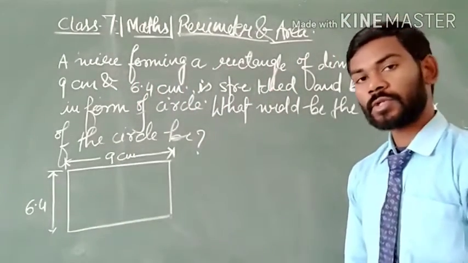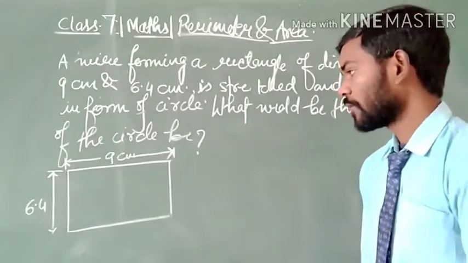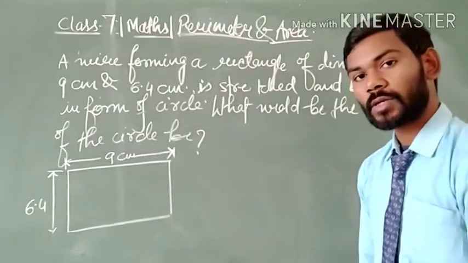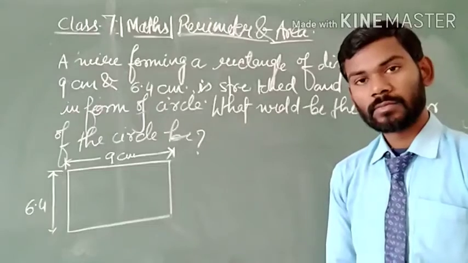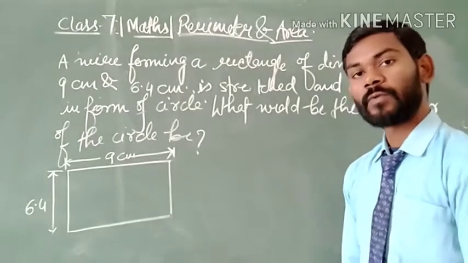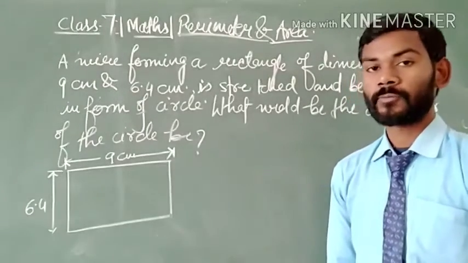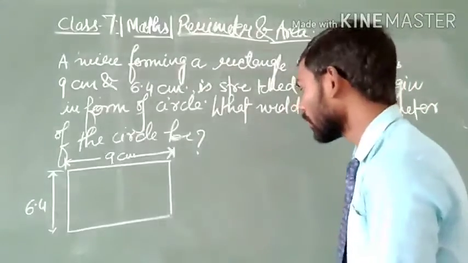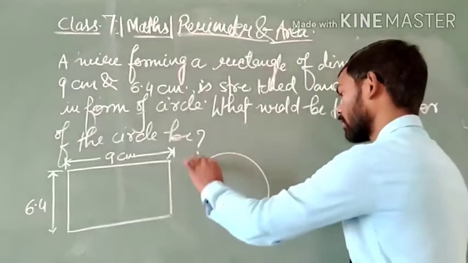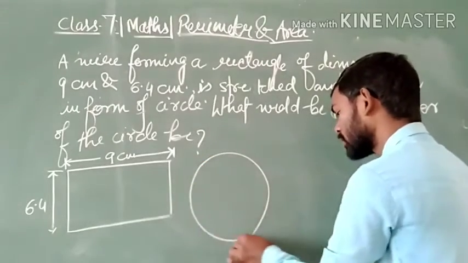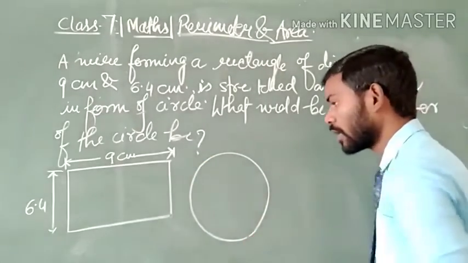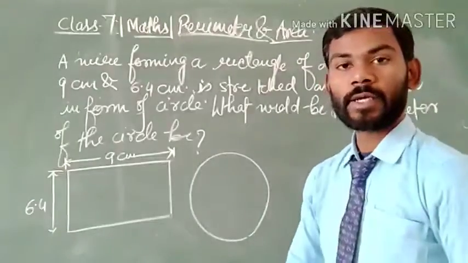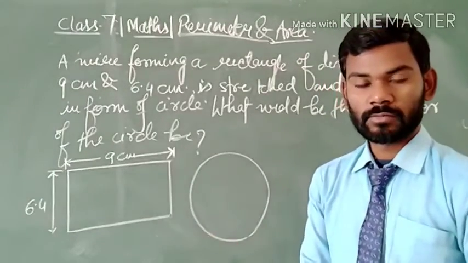Okay, so just tell me, if we find the perimeter of the rectangle, that will be the total length of the wire. So when we convert it into a circle, will the length of the wire change or not?